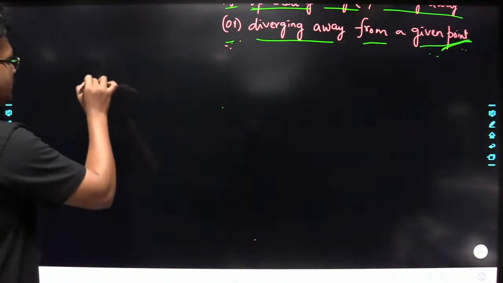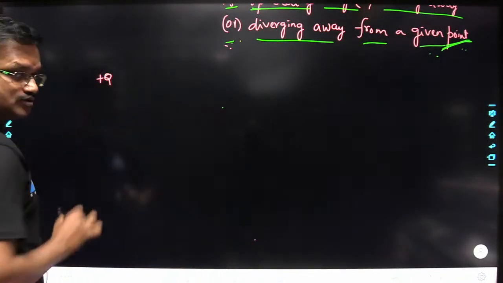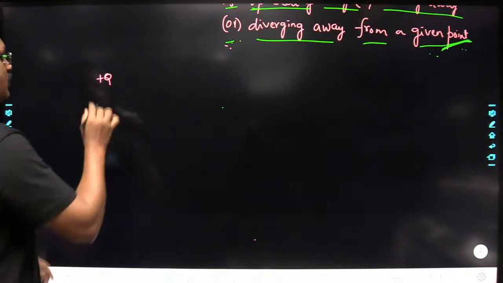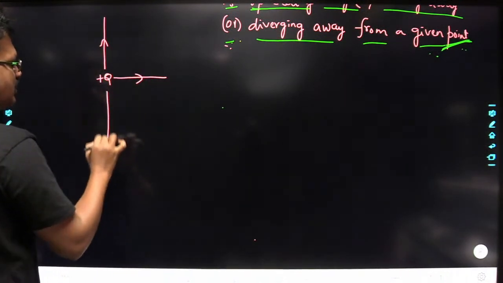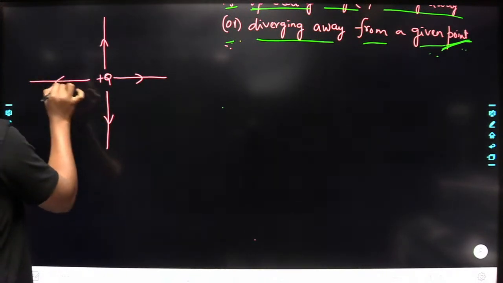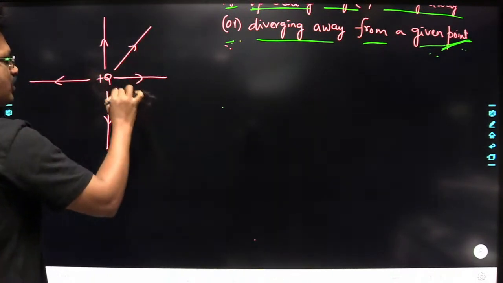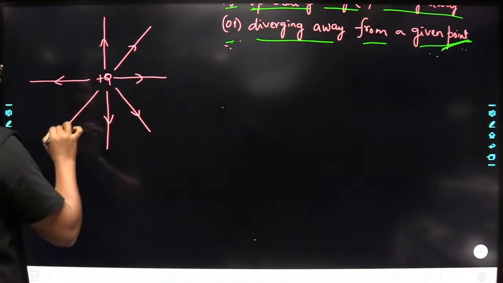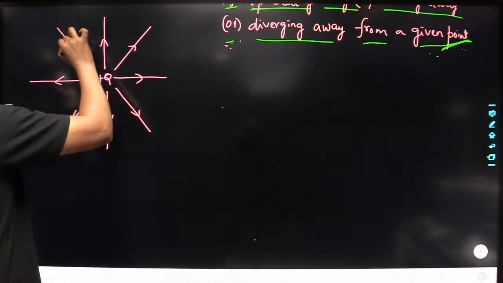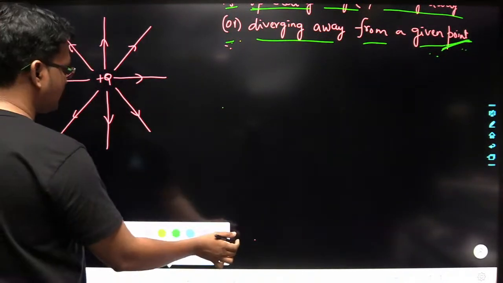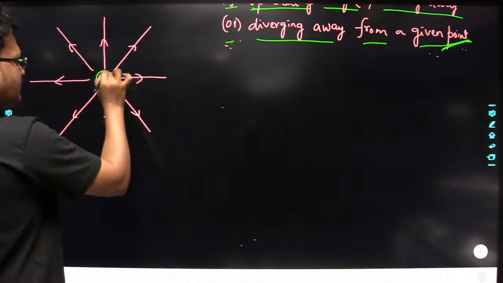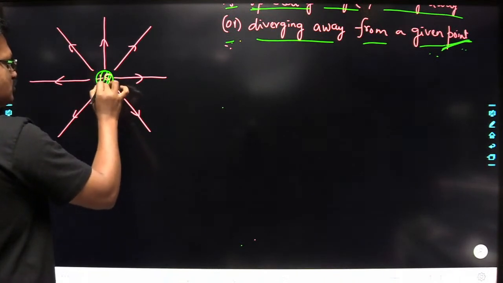We have taken a plus q charge. Whenever you take a positive charge, all the field lines move away from the positive charge in this manner. If you try to determine the divergence exactly at the location of the source, what is present here?